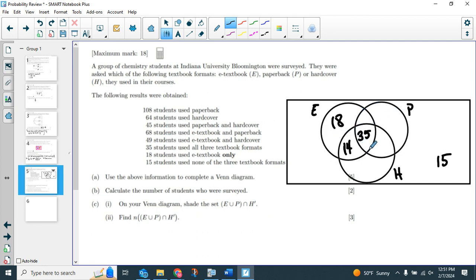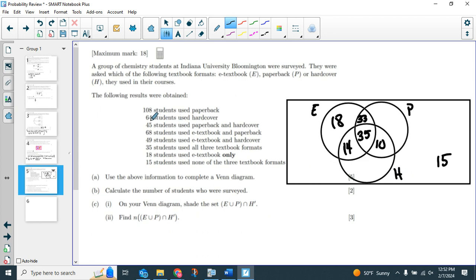So that's this area of overlap here. It needs to be 68 total, which means this needs to be 33. 45 students use paperback and hardcover. Paperback and hardcover is this overlapping here, and this needs to be 45 total. So this needs to be 10.